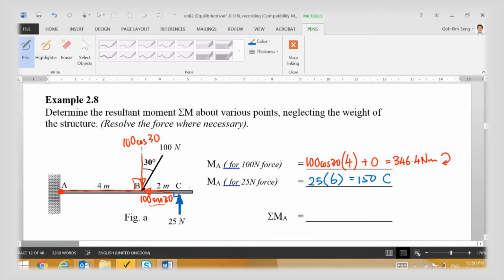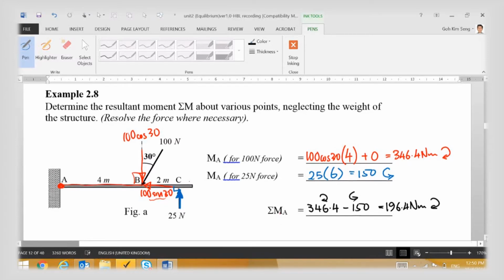However, this moment is anti-clockwise. For the resultant, we have to take into account the directions, so we take clockwise minus anti-clockwise. This will yield an answer of 196.4, which is clockwise.